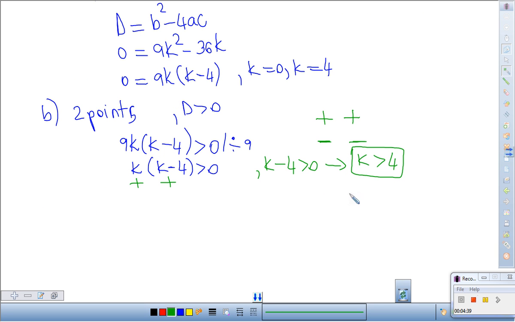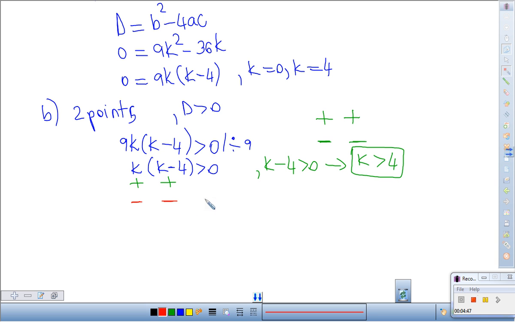The second option is two negatives making a positive. If I look at k minus 4, any value less than 4 will make it negative, but let's look at k right now. 1, 2, and 3 do not satisfy that condition. If k is 1, my whole product would be a negative. If k is 2, my whole product would be a negative.